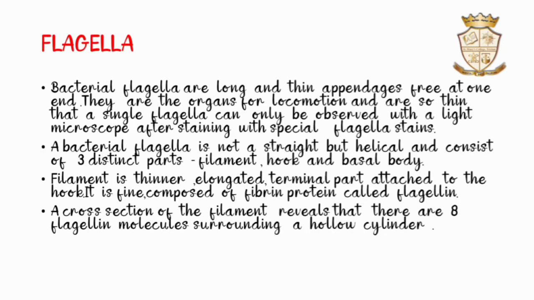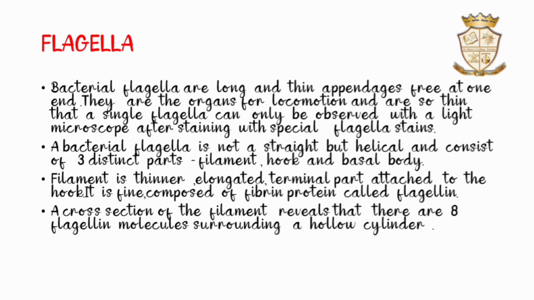Let's go through flagella movement. Bacterial flagella are long and thin appendages, free at one end, and they are the organs for locomotion. They are so thin that a single flagellum can only be observed with a light microscope after staining with special flagella stains.